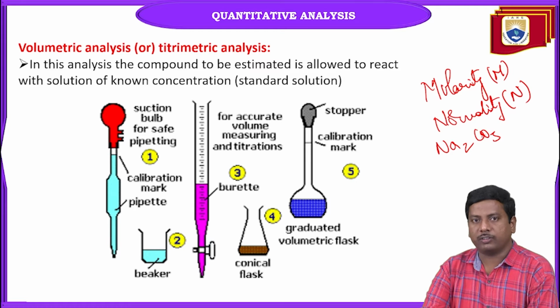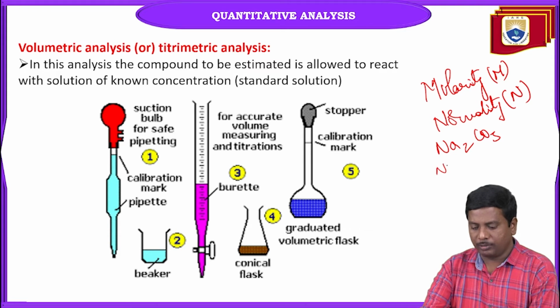For that, we need the atomic numbers of each element. In this formula, three elements exist: sodium with atomic number 11, carbon with atomic number 6, and oxygen with atomic number 8.